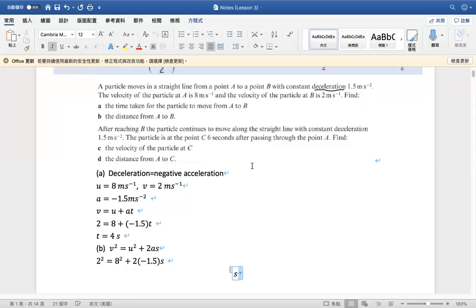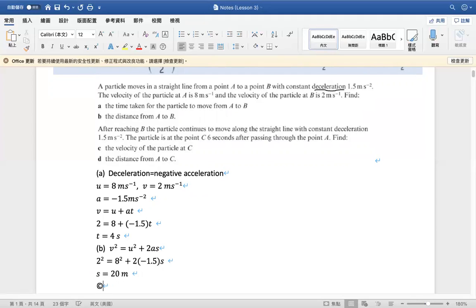Then we can solve for s. So s is 2 squared minus 8 squared over, maybe I use the calculator to find it out. I think I have 20, right? So that's the displacement, and that's the distance from A to B.